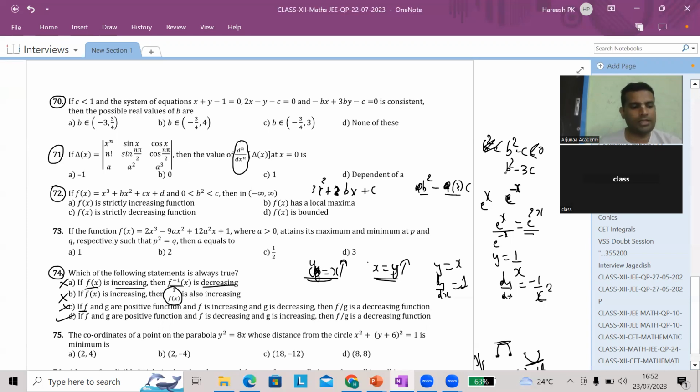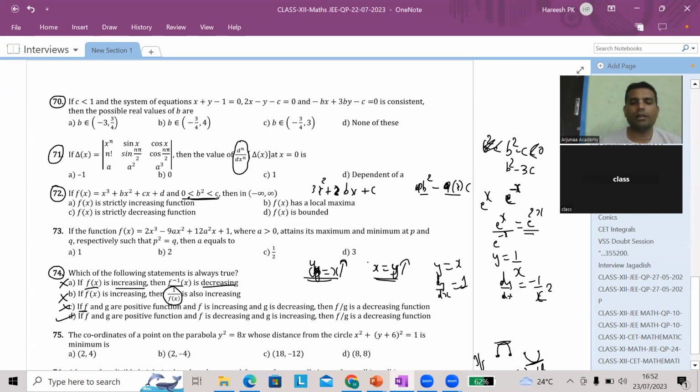Will it always be less than 0? No, it depends. If c is negative, minus of a negative means you're adding, right? But in this question, they have told c is not negative, because they're saying c is greater than 0.